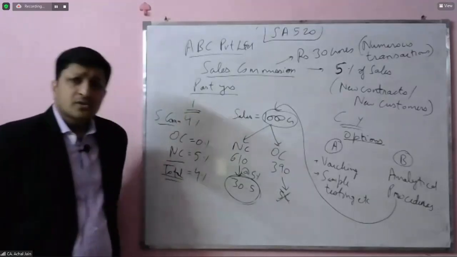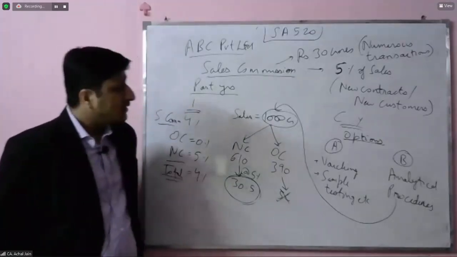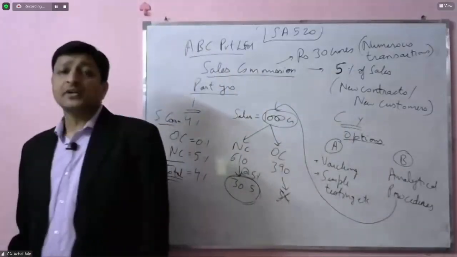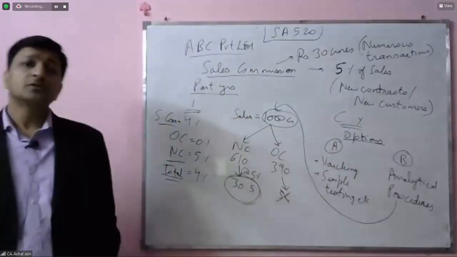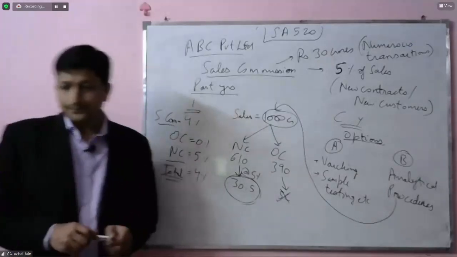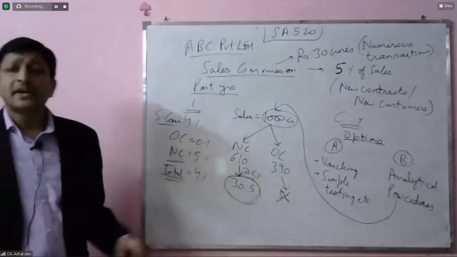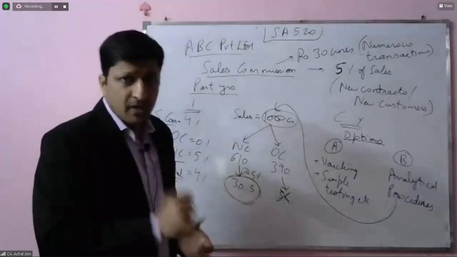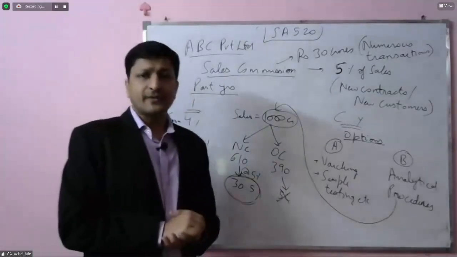Now let's suppose if we go back to these options number A and B, and if we try to compare both of these procedures, procedure number A didn't appear very satisfactory. Remember, it didn't appear very satisfactory.